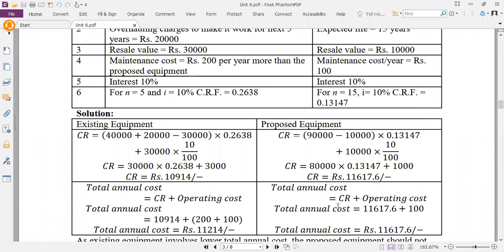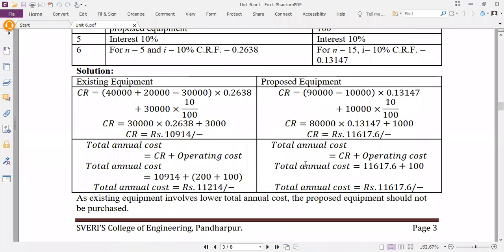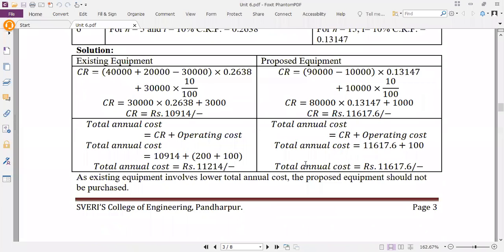And for the proposed equipment the total annual cost is 11,617 plus 100 rupees as maintenance per year, so it will be 11,717. Okay, so the existing equipment involves lower total annual cost, and the proposed equipment should not be purchased.